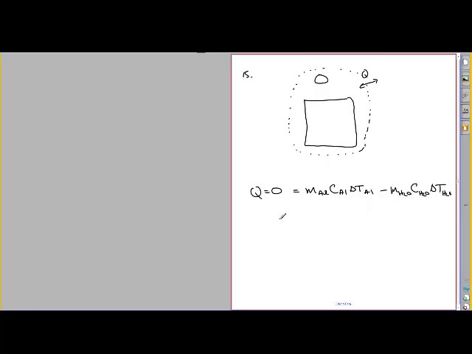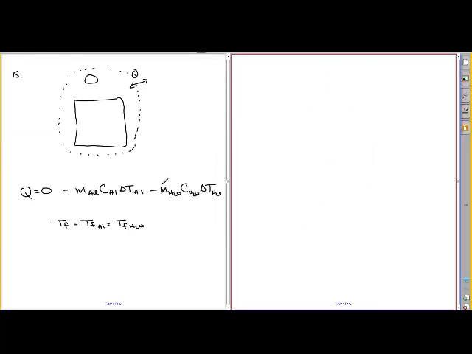Usually in these problems we're able to figure everything out except for one thing. Typically the final temperature is the same for both objects. It's kind of like an inelastic collision, where our final velocities are the same. Here, the aluminum cools off and the water warms up until you're in thermal equilibrium, and therefore there's no more heat transfer. That's when the problem's over.